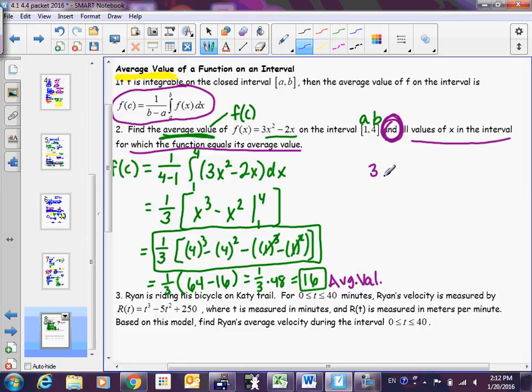I just want to know where 3x squared minus 2x equals 16. I just need to solve that equation. The 3x squared minus 2x comes from the function. The 16 came from the average value. I'm just following the directions of the problem.